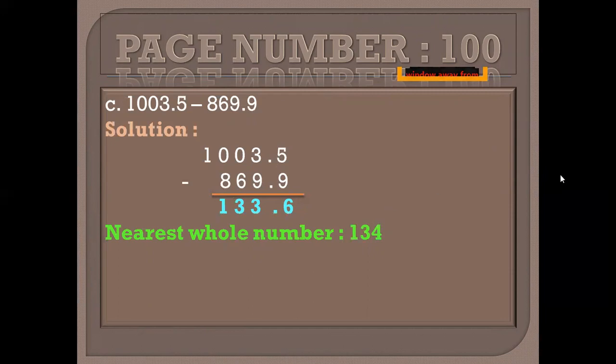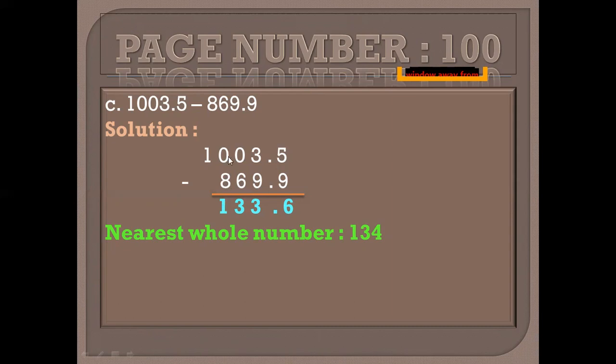1, we make it 10, then again we take 1 from 10. 12 minus 9 is 3 because we already took 1 carry from 3, so 2 will be left here. 12 minus 9 is 3. Again 9 is left here. 9 minus 6 is 3.